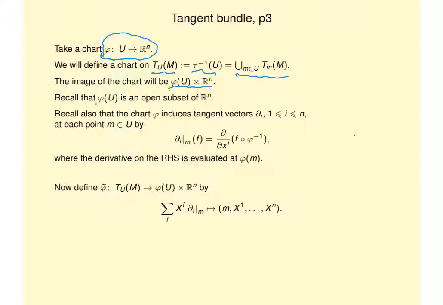So, as I said a moment ago, phi u is an open subset of Rn, so phi u cross Rn is an open subset of R2n.